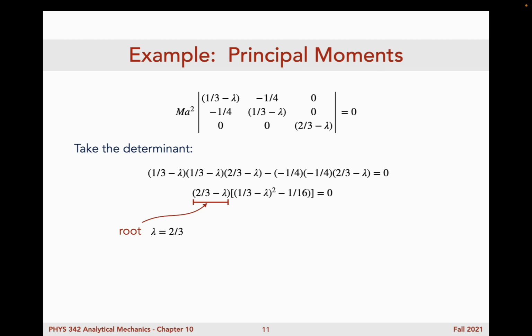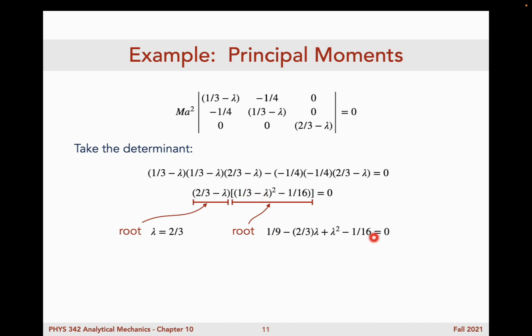This is now factored into two factors. So the first one, if it is the thing that makes this equation 0, then lambda must equal 2/3. So the root of this equation, due to this part, would be lambda is 2/3. The second one is a quadratic term, and so we have to FOIL out that first term.